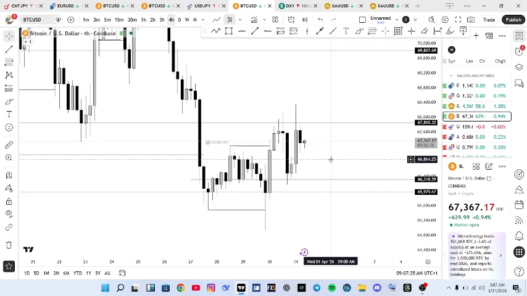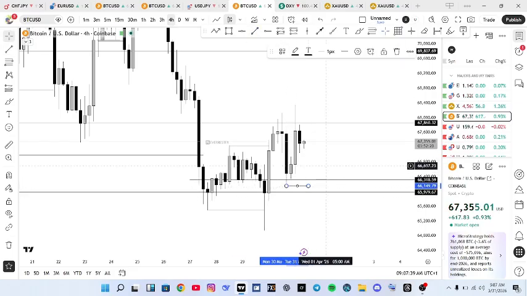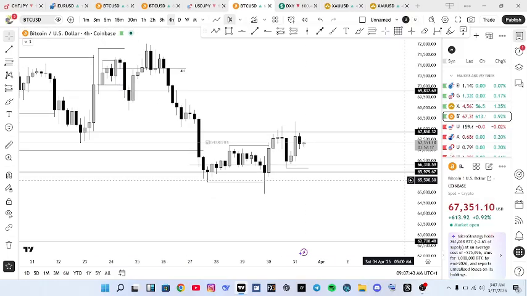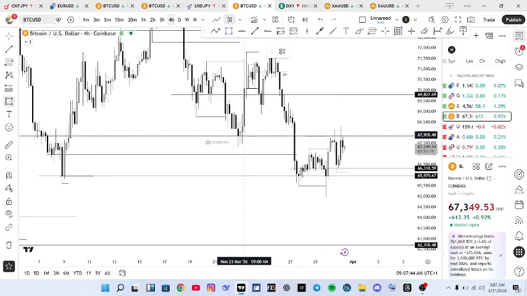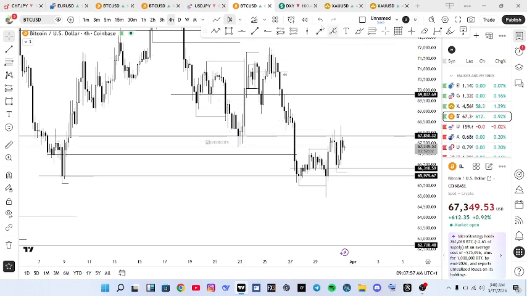Structure is broken. The swing low, the swing high, but price didn't give us any break. That means this low is liquidity, and this particular zone here is a breaker block.